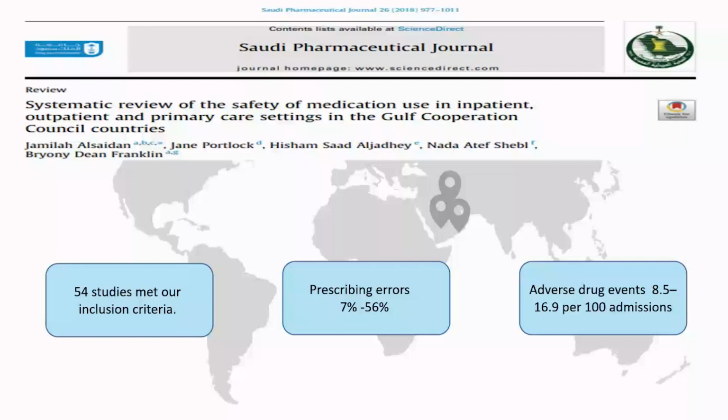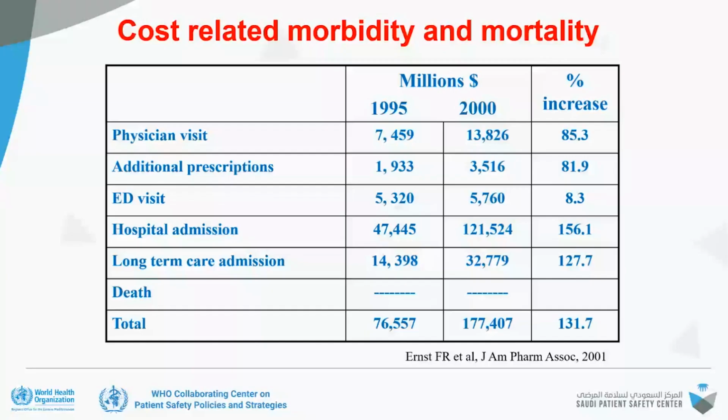And if we discuss drug-related mortality and morbidity in the States, we found that most people are admitted to the hospital due to drug-related morbidity and mortality. I mean the medication error or adverse drug reaction or non-compliance, overdose, underdose, without medication, as the American Society of Health-System Pharmacists classification.